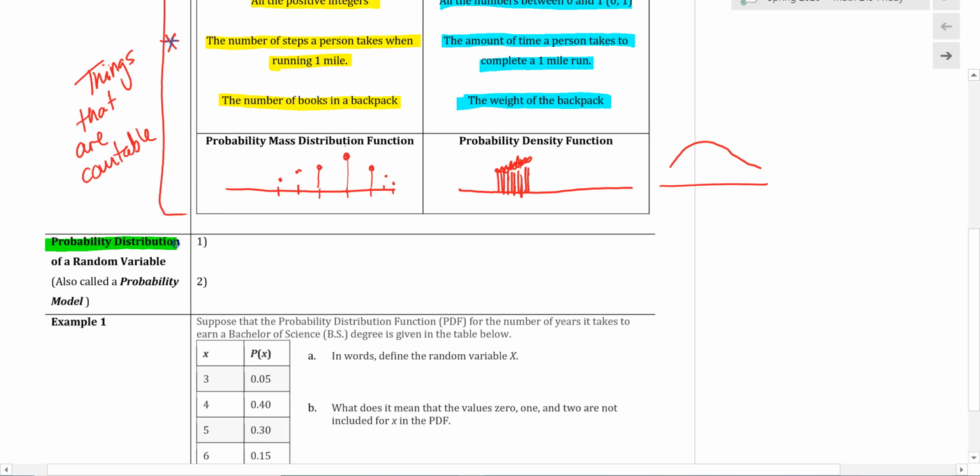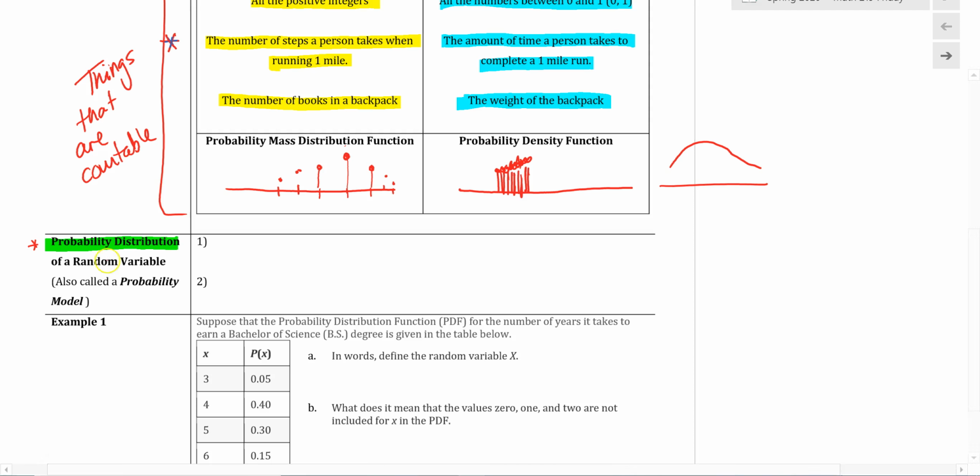A probability distribution. We have talked about probability distributions before, right? We've looked at frequency distributions. That's how many times something occurs. You list out how many outcomes there are and then how many times each outcome happens. In chapter 3, we defined a probability distribution. Didn't we say you list out every outcome that can occur and you also list the probability of each outcome happening?